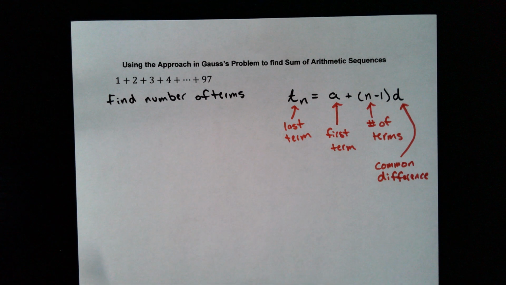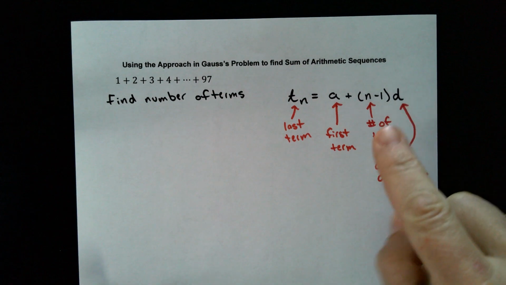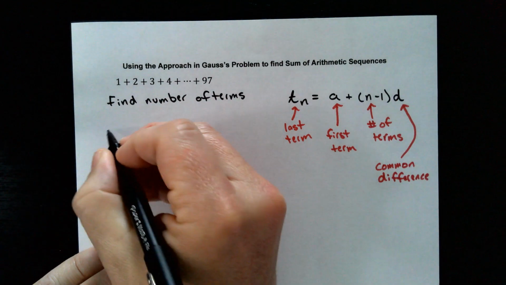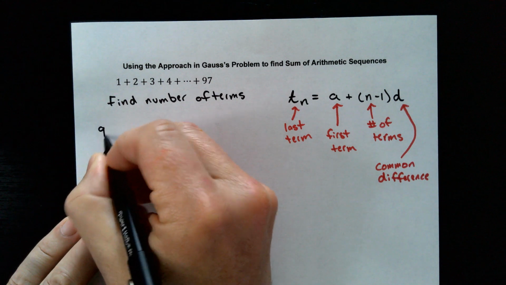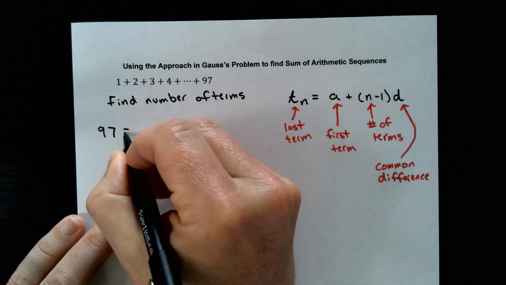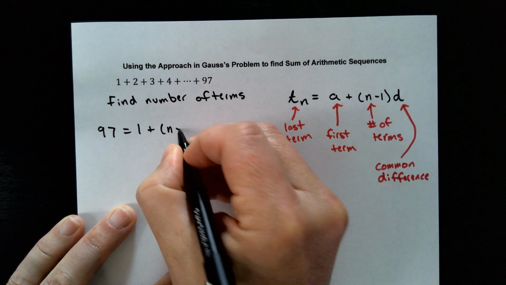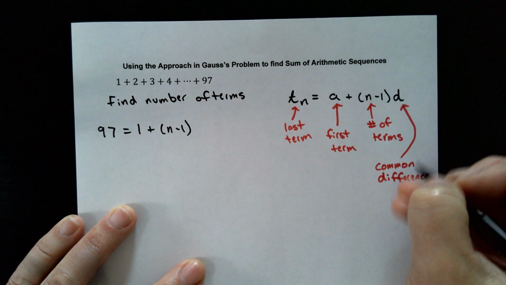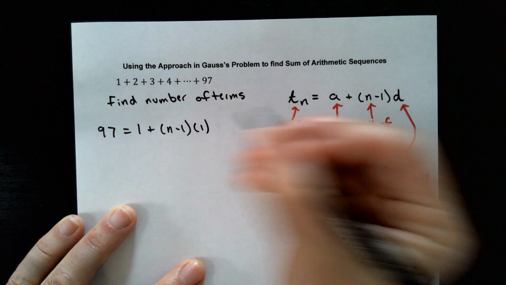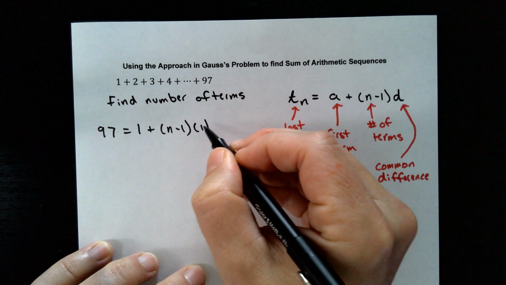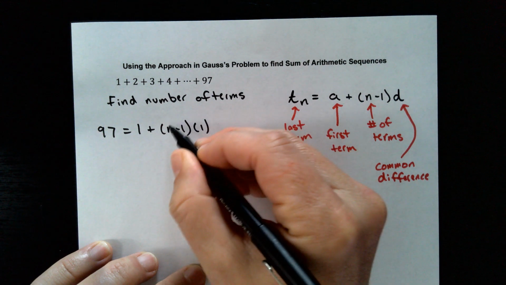Okay, so I'm going to write this formula down, but now I'm going to input the correct numbers. So for T sub n, I'm going to write 97, equals the first term, which is 1, plus n minus 1 stays how it is for now. And the common difference is 1. So let's go ahead and distribute the 1, or we really don't need to, but if this was any other number than a 1, we would need to distribute it there.